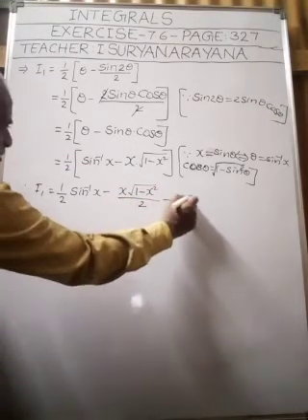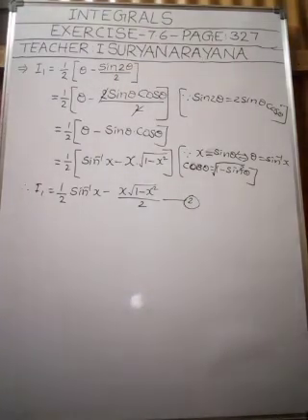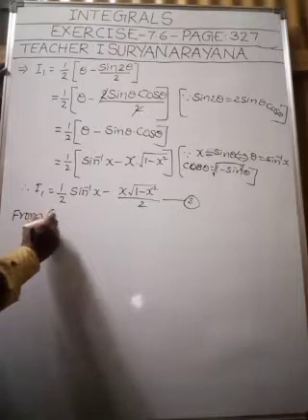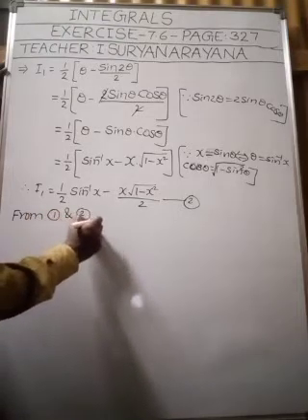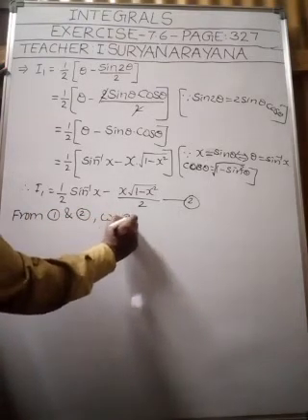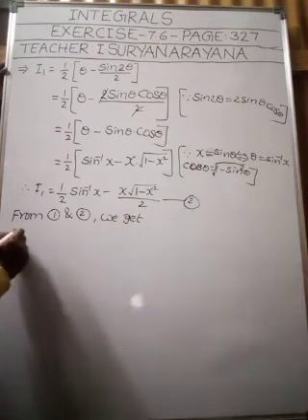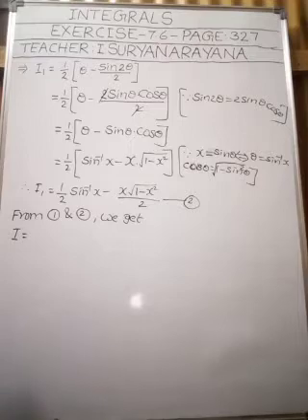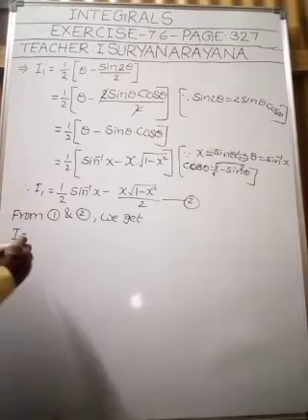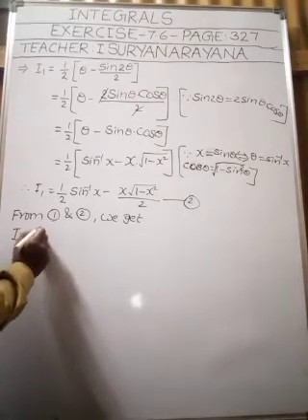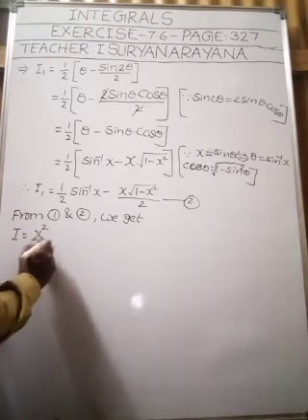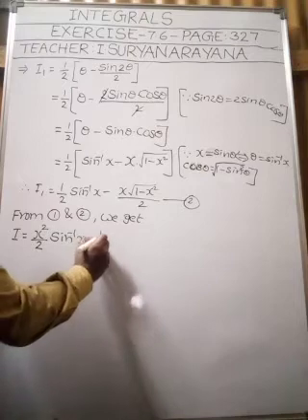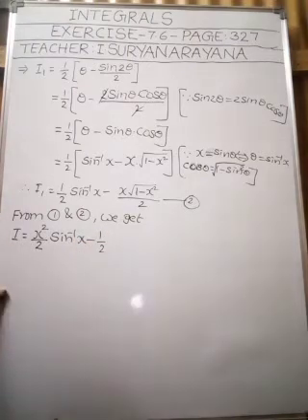Let us consider this as I2. From equations 1 and 2, we get I is equal to x square by 2 sin inverse x minus 1 by 2 into I1.